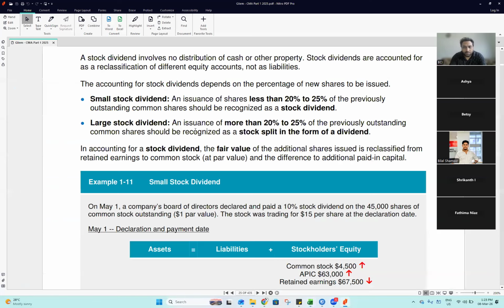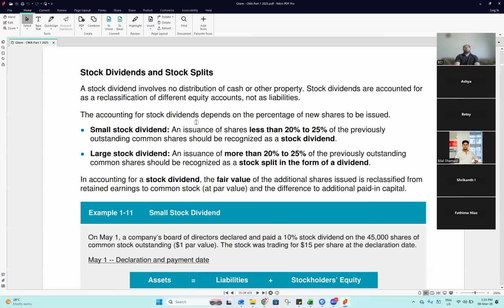Let's go to the next one. A stock dividend involves no distribution of cash or property. Stock dividends are accounted for as a reclassification of different equity accounts, not as a liability. The accounting for stock dividends depends on the percentage of new shares being issued. So a small stock dividend, that is an issuance of shares less than 20% to 25% of the previously outstanding common shares, should be recognized as a stock dividend.